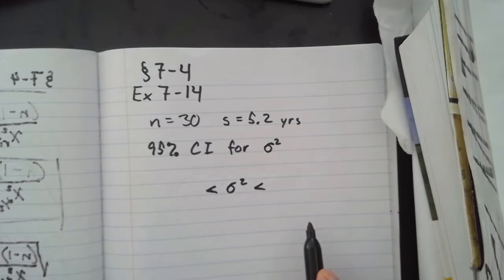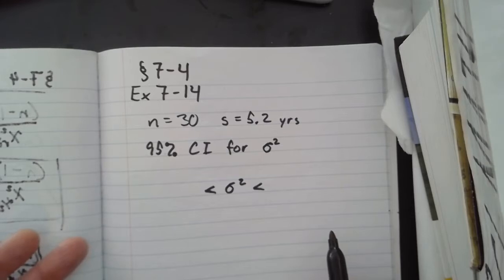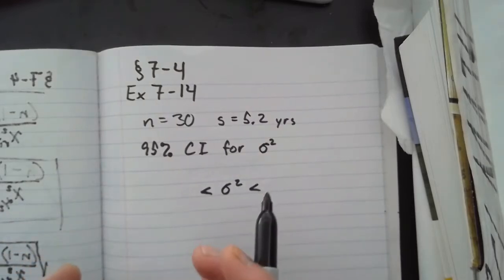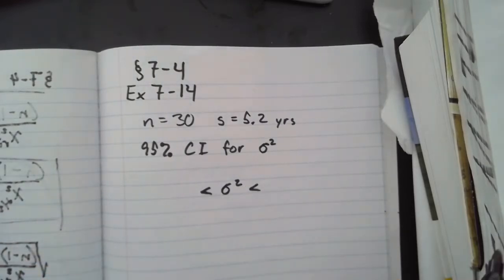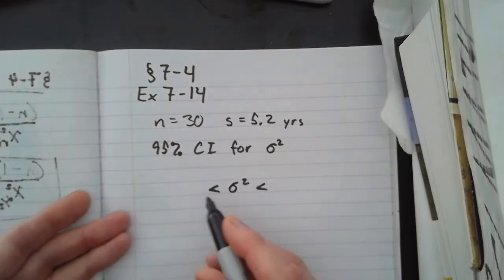In the past, with confidence intervals for other population parameters, we would construct a margin of error first and then do that plus or minus the center value and construct our confidence interval. Here, it's not symmetric about the center, so we just have to remember that formula all in one shot.